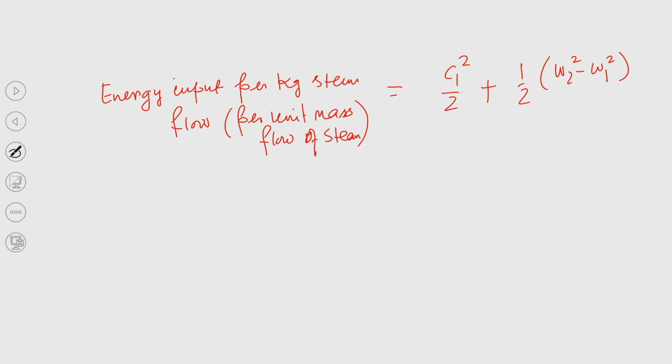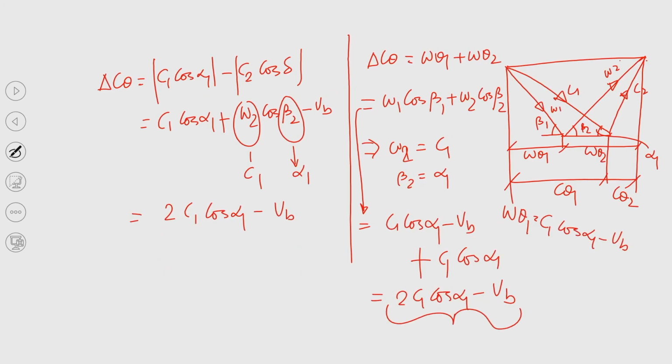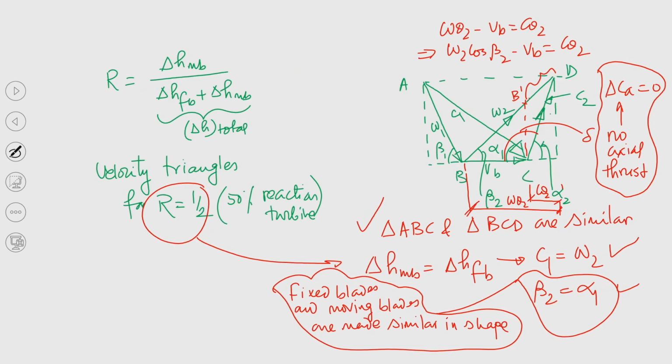So, if we look at the velocity triangles, here we have this additional amount of relative velocity that was not there for the impulse turbine. Why is this increment in relative velocity there? Because C2 will increase, and as Vb remains the same, with the increase in C2 the resultant relative velocity also will increase.